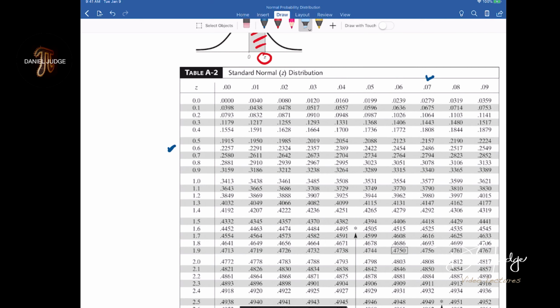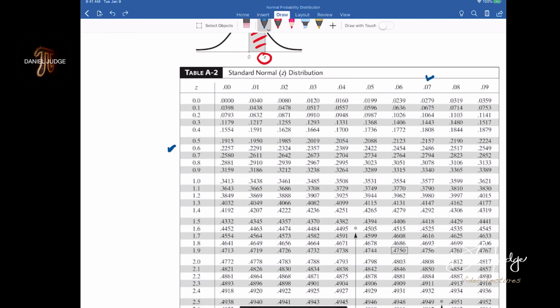If I follow that, I get 2486. 24.86 again. All right, maybe I'm not imagining things. 24.86. So this portion is 24.86%.